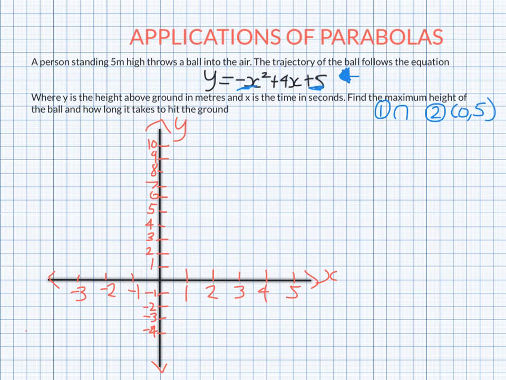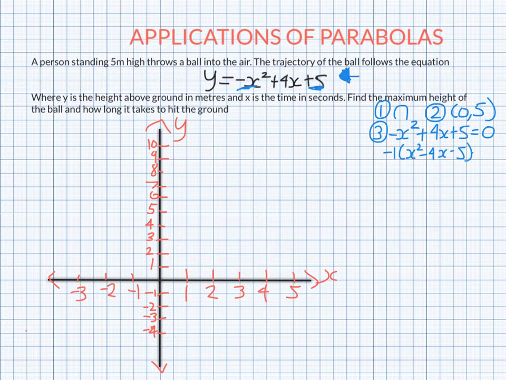The third thing we had to do was solve this equation equal to 0, let y equal 0. So to find the x-intercepts, we solve negative x squared plus 4x plus 5 is equal to 0. And the solutions for x will be the x-intercepts. We could use the quadratic formula, or we can take out a factor of -1, so it changes the sign, changes the x squared to a positive, the 4x to a negative, and the 5 to a negative.